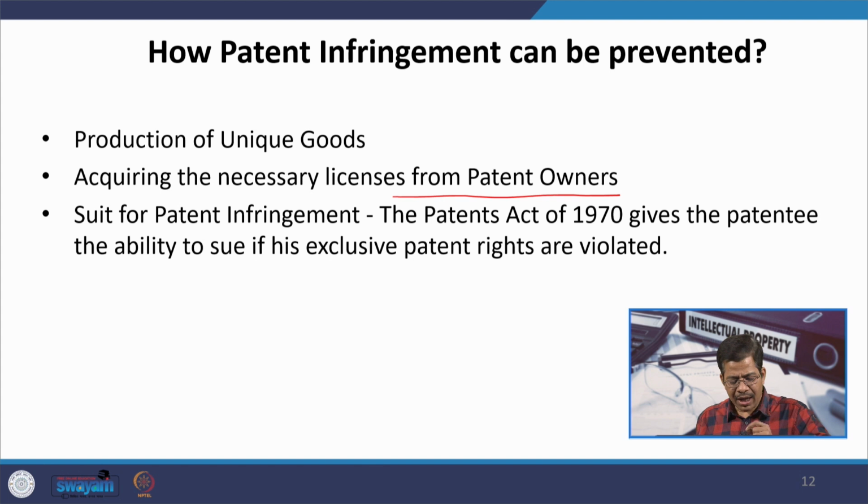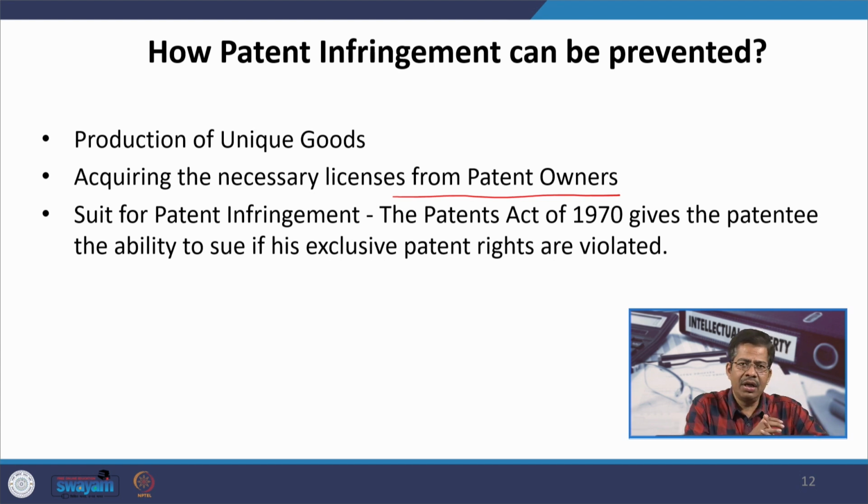If I am making those goods, those products which are difficult to copy, or even if it is not a good, then if your patent is simply in your almirah, in your website, it is very easy to copy.